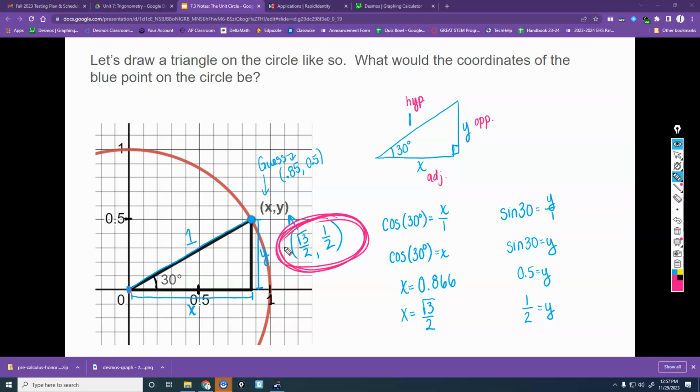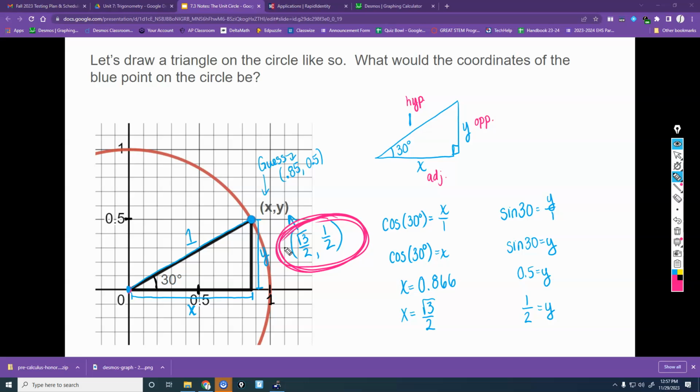It has to do with some rules for special right triangles, like 30, 60, 90 triangles and 45, 45, 90 triangles. And the explanation for it is going to take longer than we have time for. So I just need you to trust me that it is that. We're going to have to memorize that because we're going to have to memorize things about the unit circle.